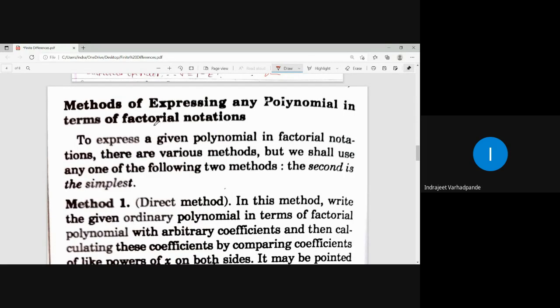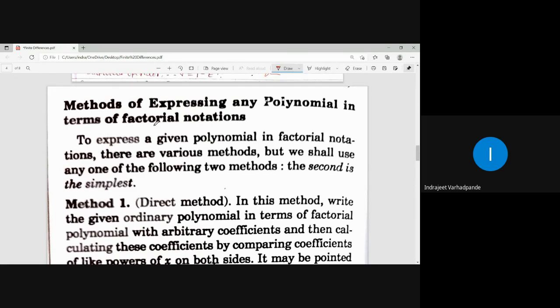So ultimately, in this segment of the unit, our aim is to convert the given polynomial into the factorial notation, and sometimes you may be asked to operate the operator delta on the factorial polynomial we have generated. For expressing a given simple plain polynomial in factorial notation, there are two different methods.